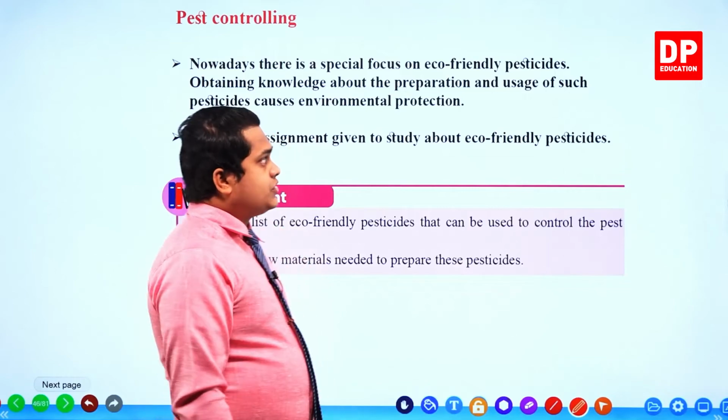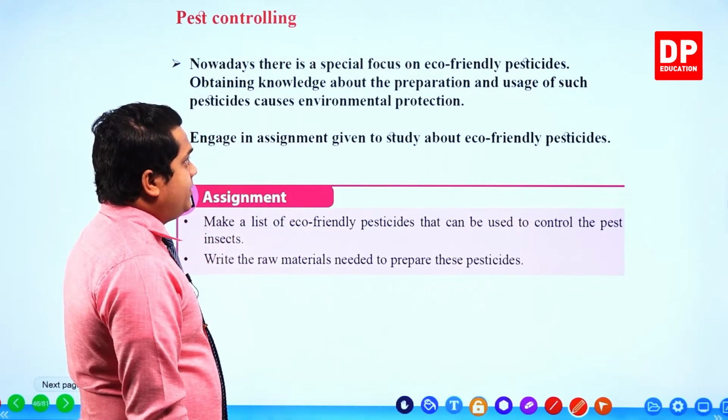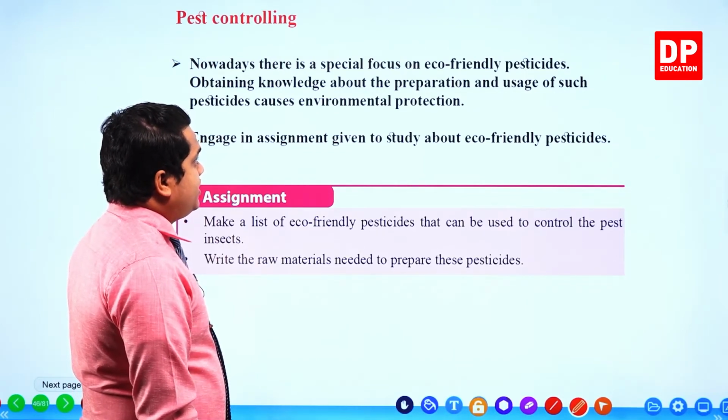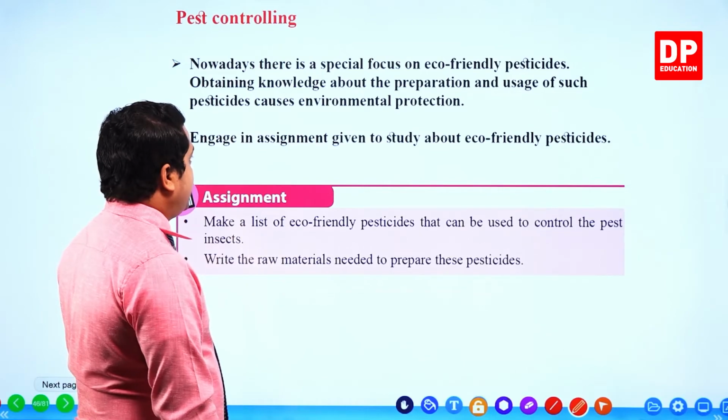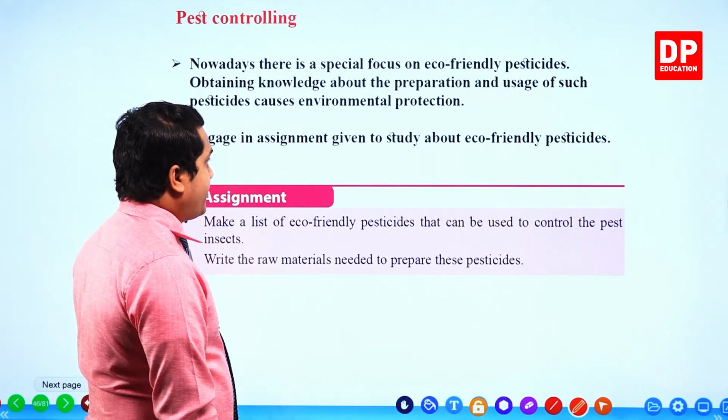Obtaining knowledge about the preparation and usage of such pesticides causes environmental protection.